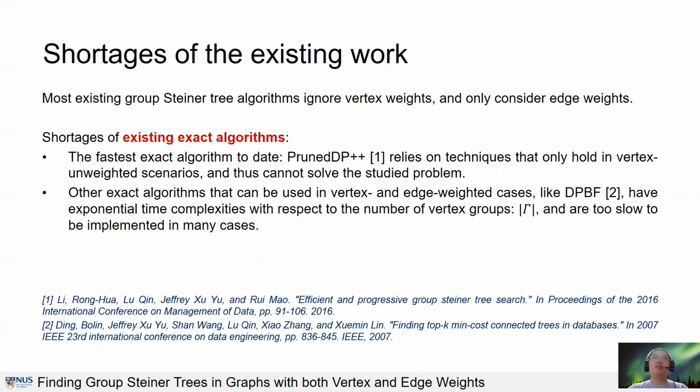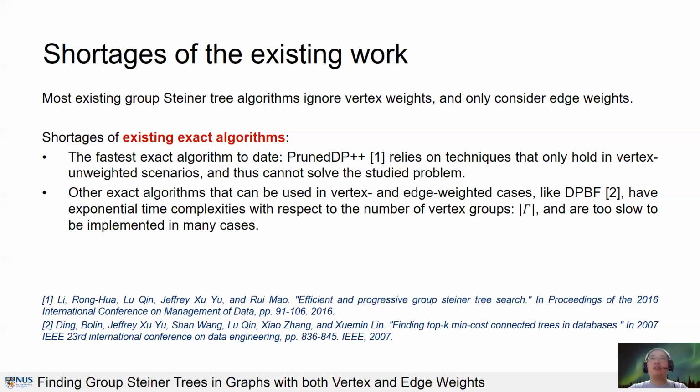Most existing group Steiner tree algorithms ignore vertex weights and only consider edge weights. With respect to the existing exact algorithms, the fastest exact algorithm to date, dubbed DPBF++ in a 2016 SIGMOD paper, relies on techniques that only hold in vertex unweighted scenarios, and thus cannot solve the studied problem.